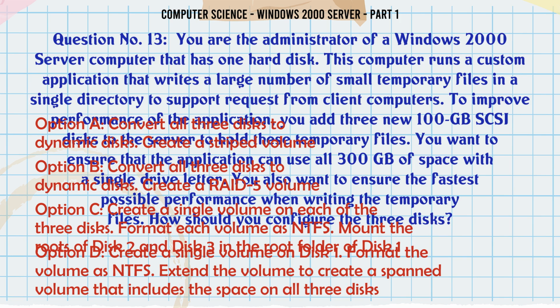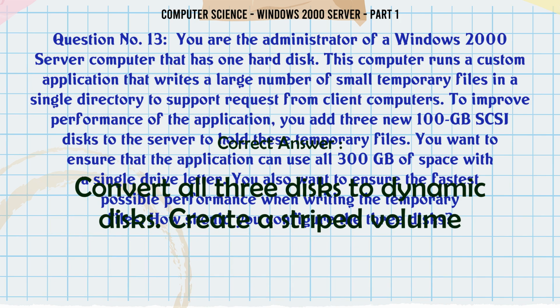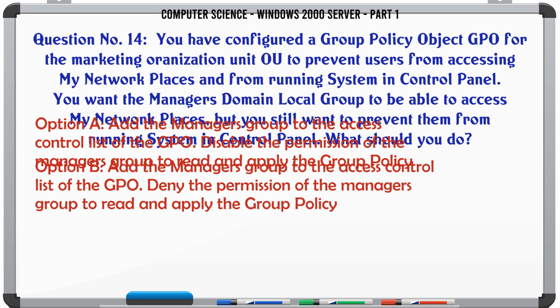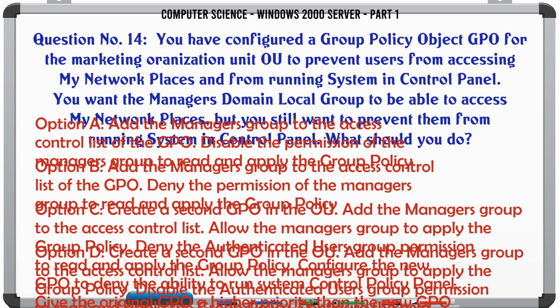D. Create a single volume on disk 1. Format the volume as NTFS. Extend the volume to create a spanned volume that includes the space on all 3 disks. The correct answer is: convert all 3 disks to dynamic disks. Create a striped volume.